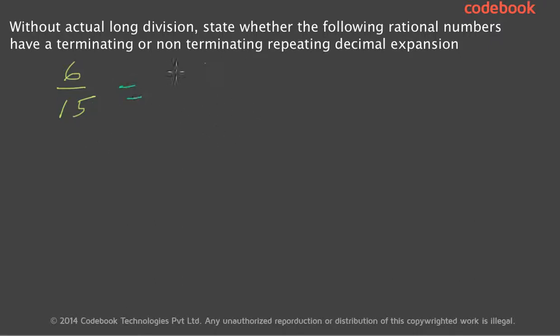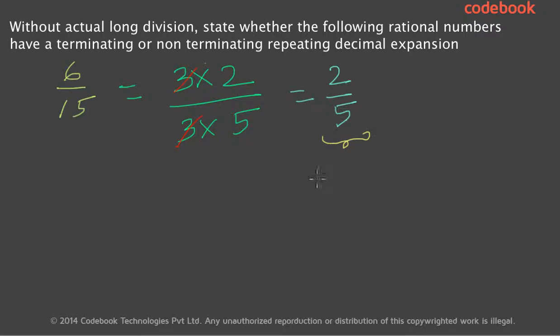If you observe, 6 can be factorized as 3 times 2 and 15 can be factorized as 3 times 5. So they have a common factor 3. We need to make sure that the common factor is cancelled out and we will be left with 2 by 5. Now we observe the denominator is in the form of 2 power 0 times 5 power 1.